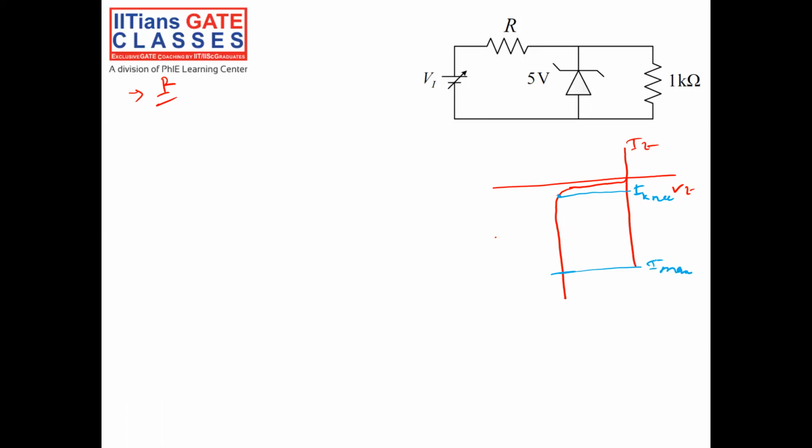So, in other words, for my zener to operate as a voltage regulator, the minimum current flowing through the zener should be I-knee, and the maximum current should be I-max. So my current in the zener diode should range from I-knee, or I-minimum, to I-maximum. Then only will I ensure my zener operates as a voltage regulator.